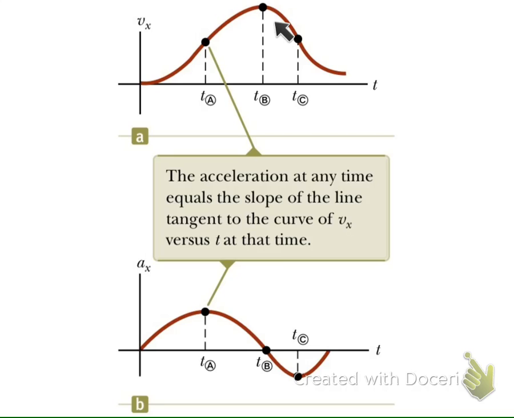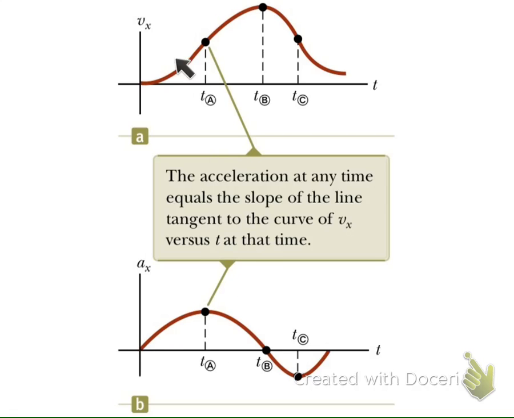At point B, we can see that the acceleration is 0. So it means the slope of the VT diagram here at point B is 0 too. On the left of point B, before the time Tb, the acceleration is positive.